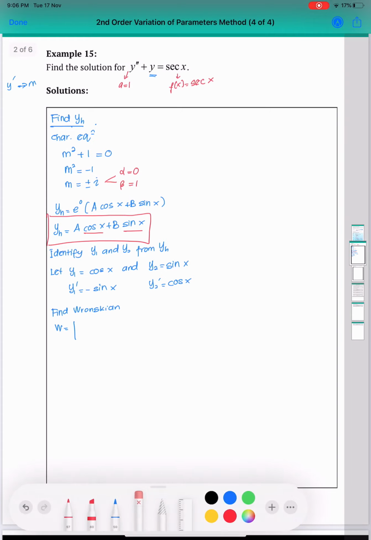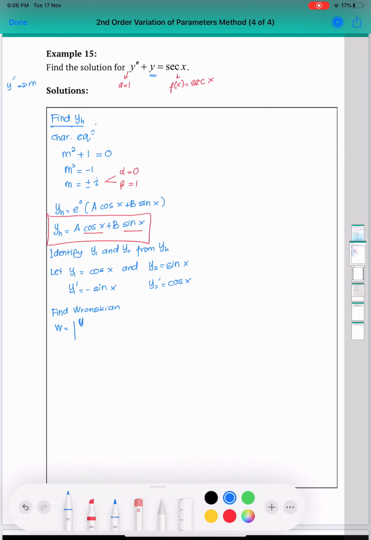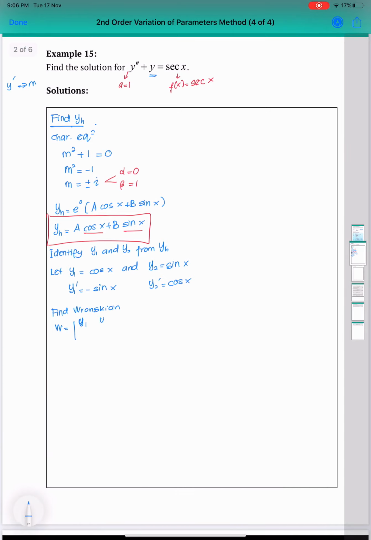So I have y1, y2, y1 prime, y2 prime. So this is equal to cos x, y2 is sine x, y1 prime is negative sine x, and y2 prime is cos x.